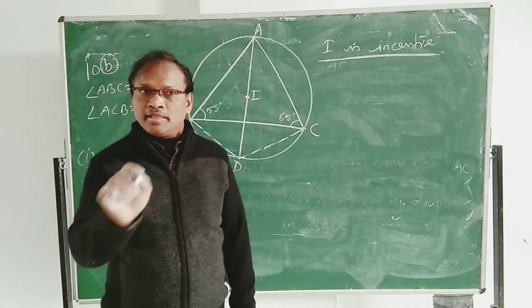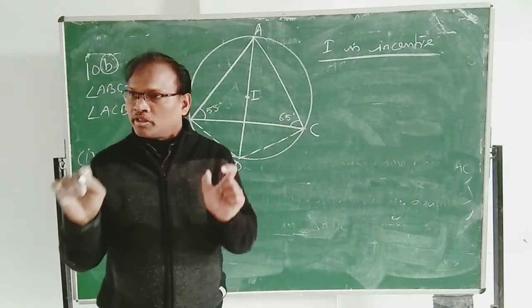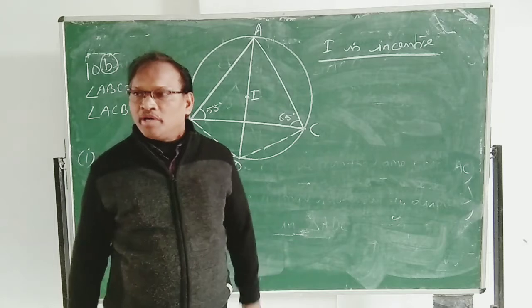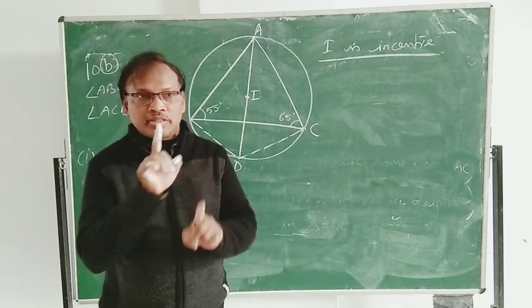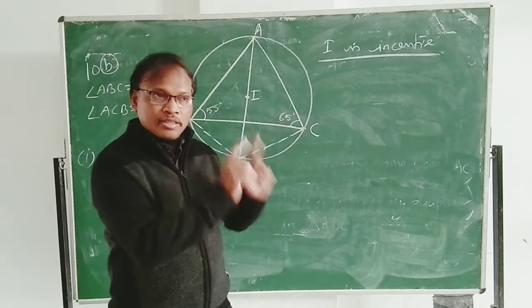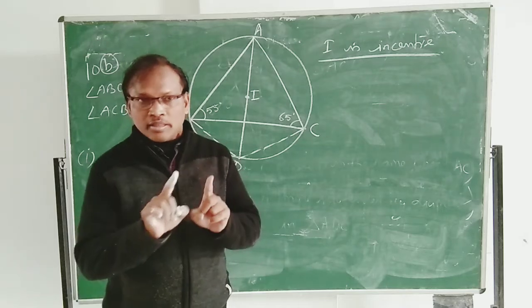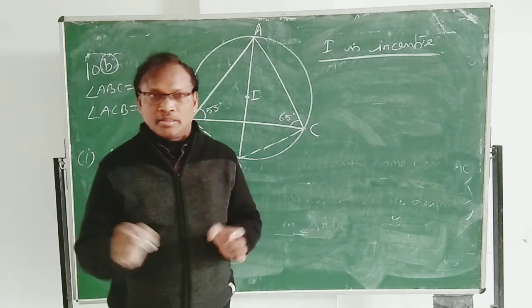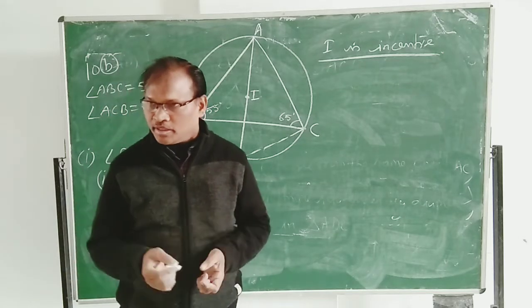The center of a circle and its circumcenter are the same. But the incenter is not the same. An incircle is a circle inside the triangle or polygon, and the center of the incircle is known as the incenter. You have not read about the construction of the circumcircle and incircle, so we are telling you.